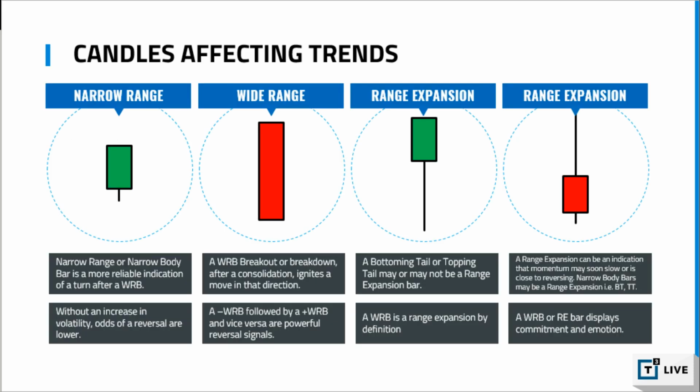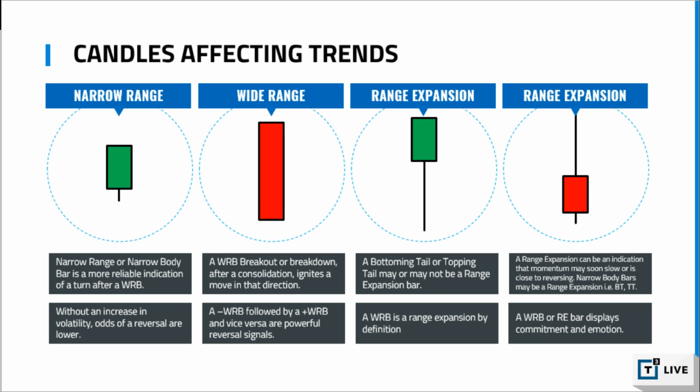And then we talked about range expansion tails. These are the large bottoming or topping tails, and I said those are the strongest sign that institutional money just got involved, that there was a big shift from selling to buying if it's a bottoming tail, or from buying to selling if it was a range expansion topping tail.